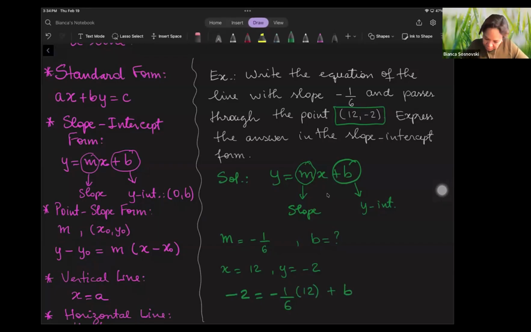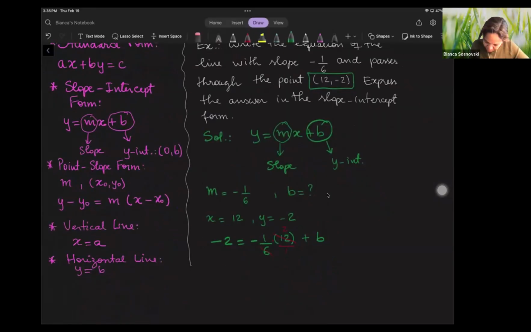Please note that in the multiplication of the fraction -1/6 times 12, we can just simplify 6 and 12, right? So 12 divided by 6 is 2. My equation now is -2 equals -2 after I multiply the remaining factors there, plus b.